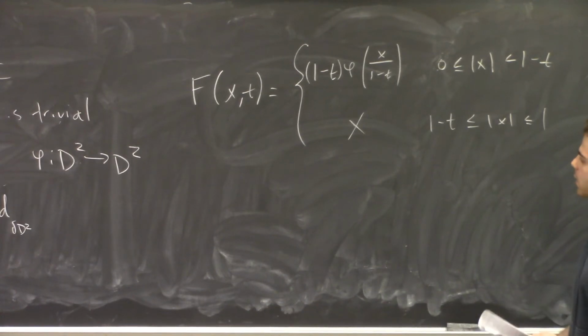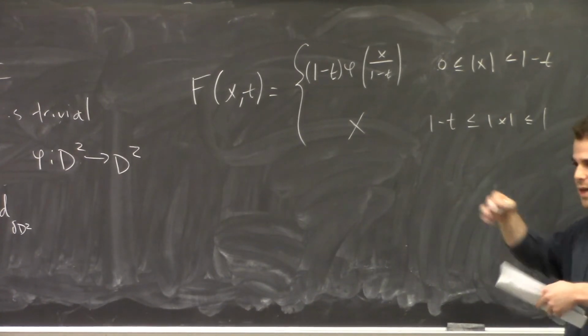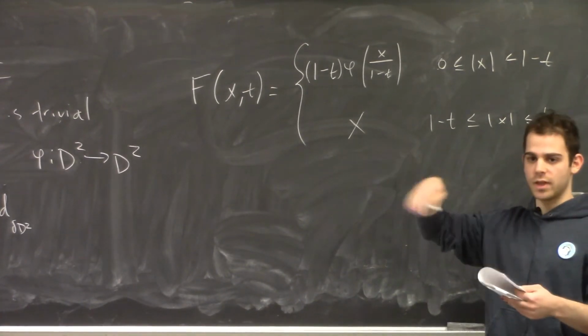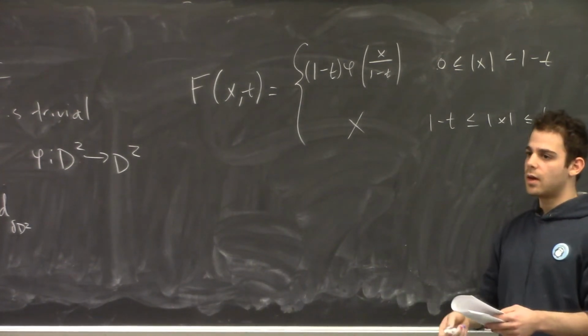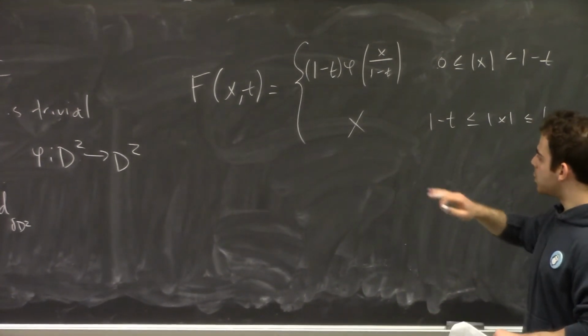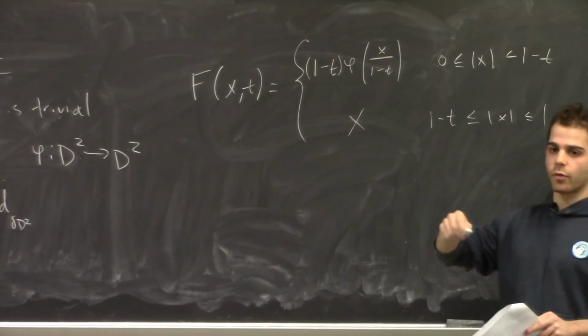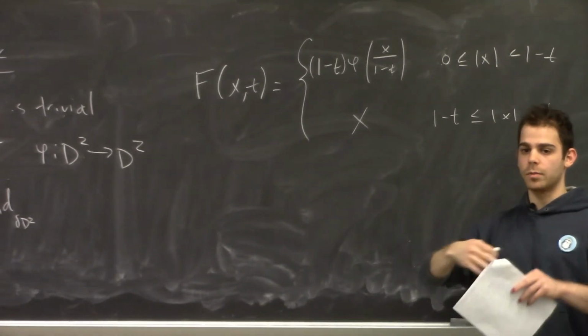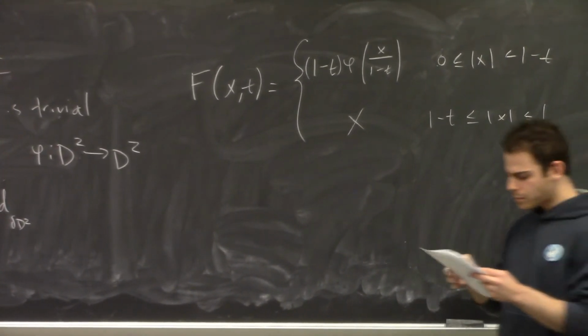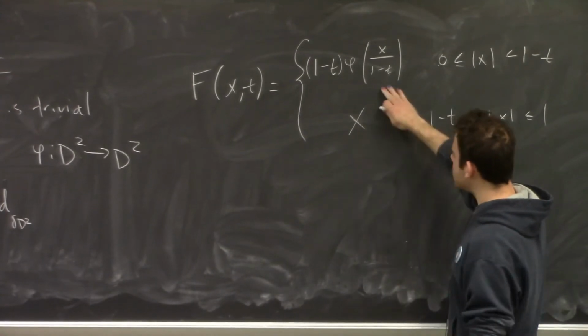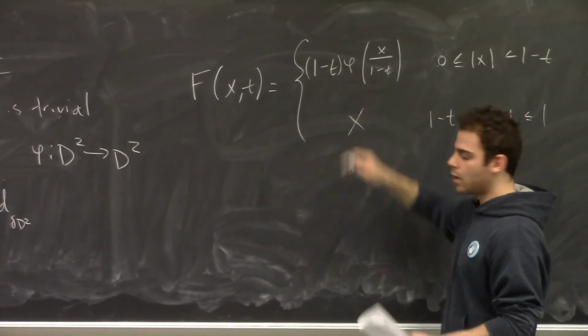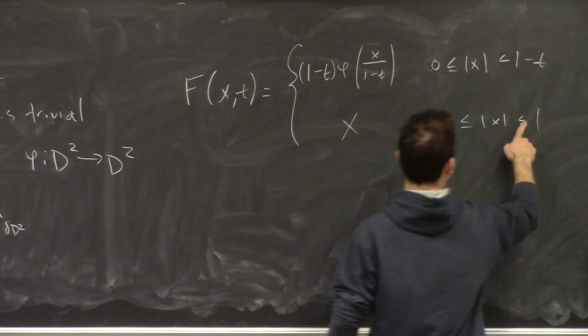Basically what's happening here is we're starting with the full disk, and at each t, we're applying phi to the disk of radius 1 minus t, and we're applying identity everywhere else. Now the only thing is that at t equals 1, this sort of breaks down. That's why this should be strict.